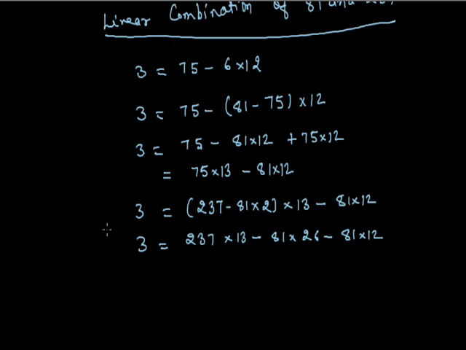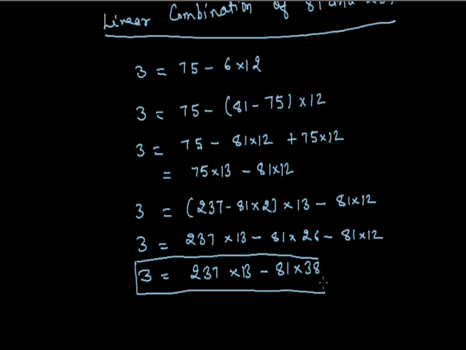So 3 is equal to 237 multiplied by 13 minus 81 multiplied by 38. So this is the linear combination of 81 and 237. So HCF can be written as the linear combination of 81 and 237. Now next problem.